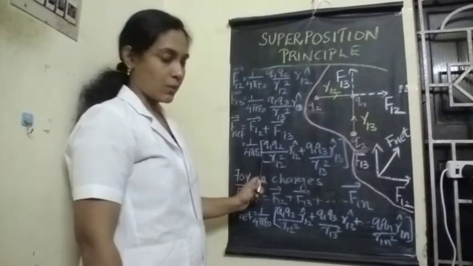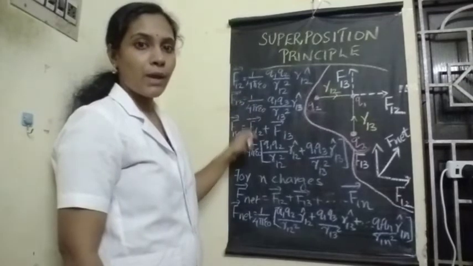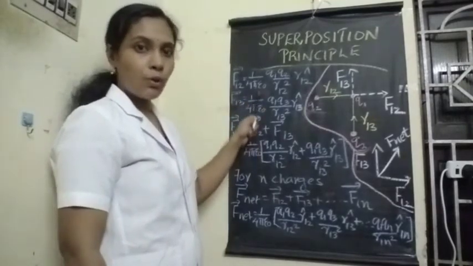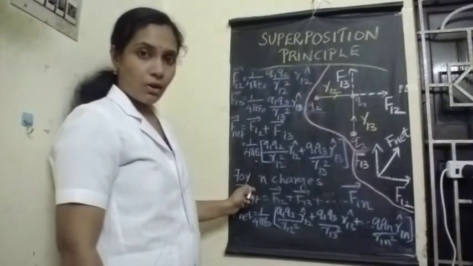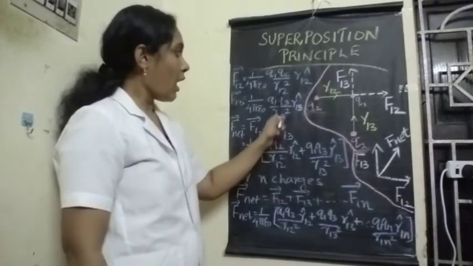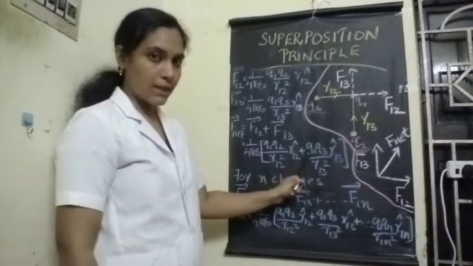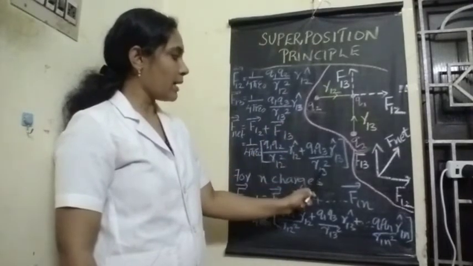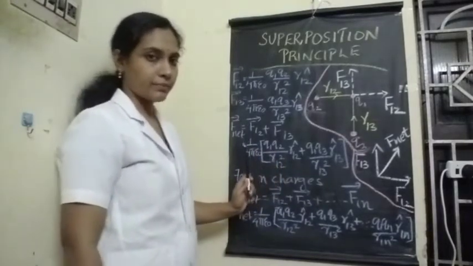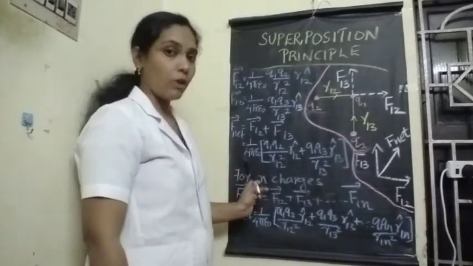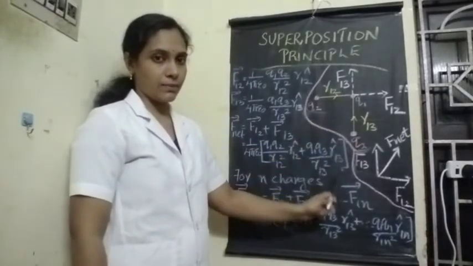The net force is equal to 1 by 4 pi epsilon naught, which you can take as a common factor because it appears in both expressions, into Q1 Q2 by R12 square into R12 cap plus Q1 Q3 by R13 square into R13 cap. This is the unit vector.